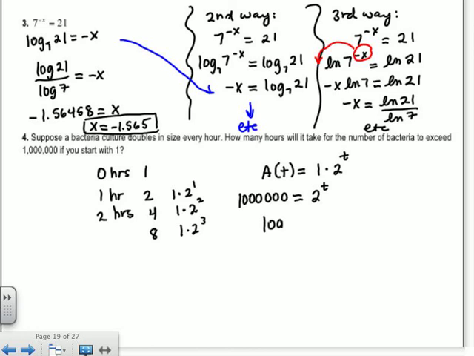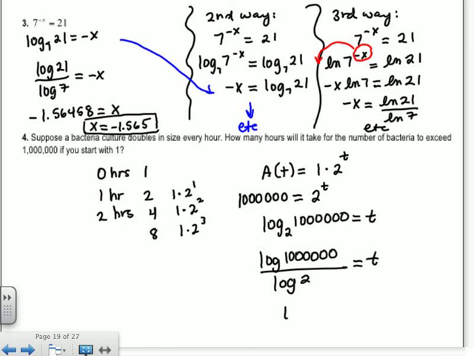So it's log base 2 of 1 million equals t. So 2 to the t equals the 1 million. Okay, but now once I see that, I know I can't put in my calculator with base 2, so I change it. So it's log of 1 million divided by log of 2 equals t.